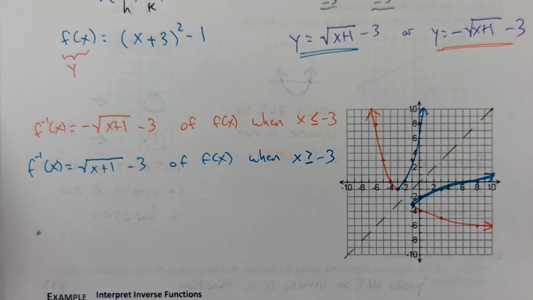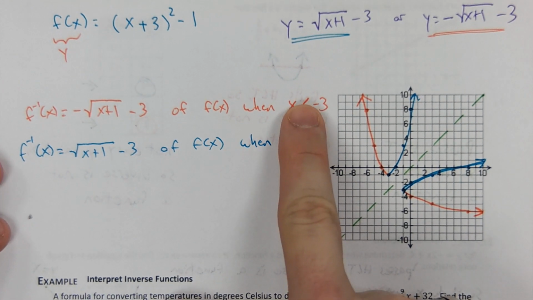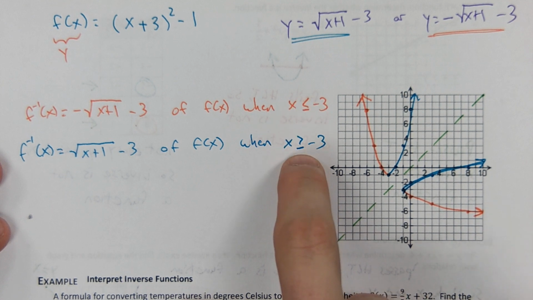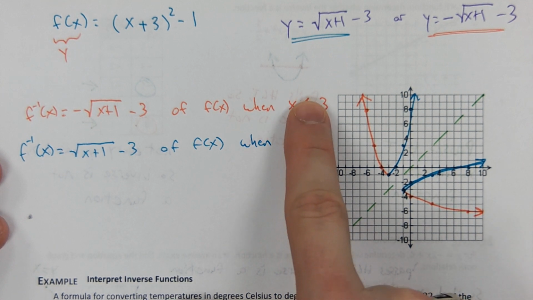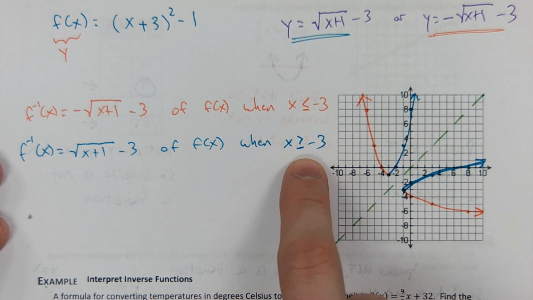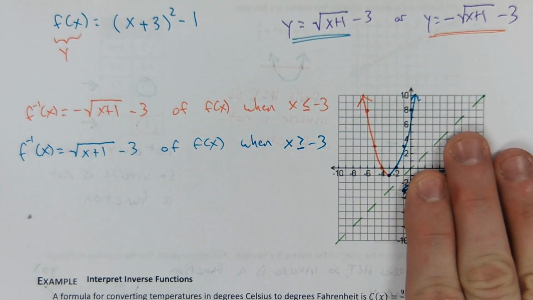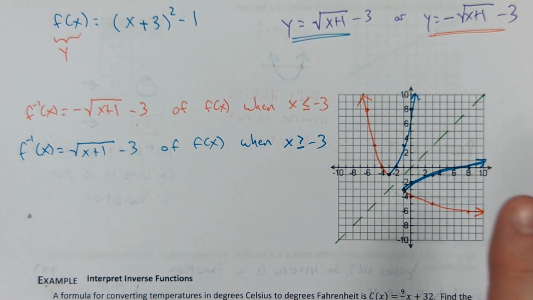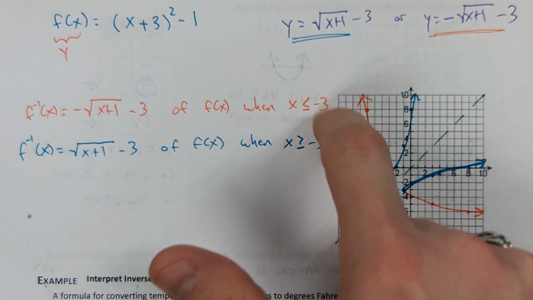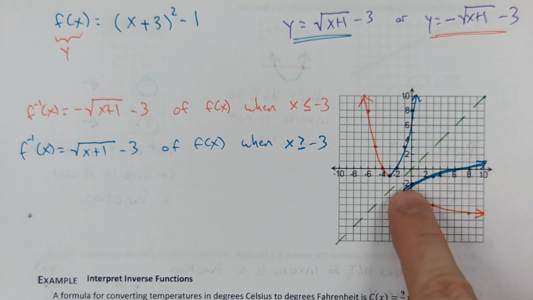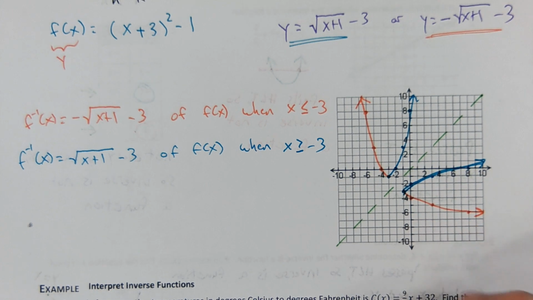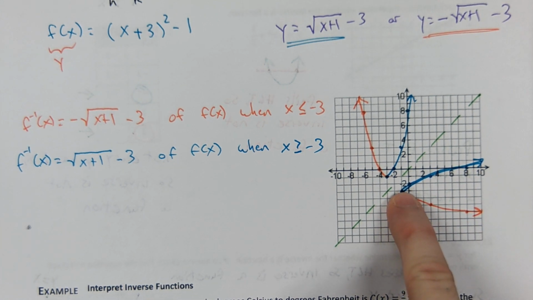Now, one more thing I want to point out is an idea about inverses. These are domains of f of x. Can we agree that these are domains of f of x? I'm using the left half of the domain or the right half of the domain. But I would like for you to look at how the number -3 is used for this. -3 is a y value.